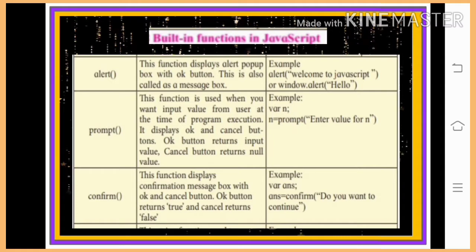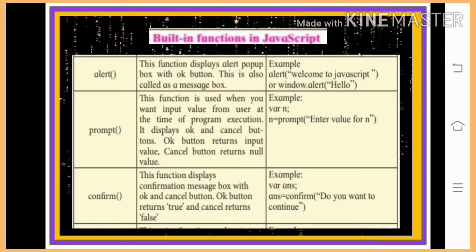Next built-in function is prompt function. This function is used when you want input value from user at the time of program execution. It displays OK and cancel buttons. OK button returns input value and cancel button returns null value. The way of writing is, let's see one example. var n equal to prompt, parenthesis and one message, enter value for n.